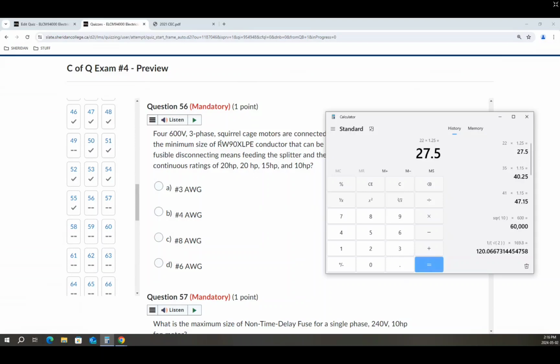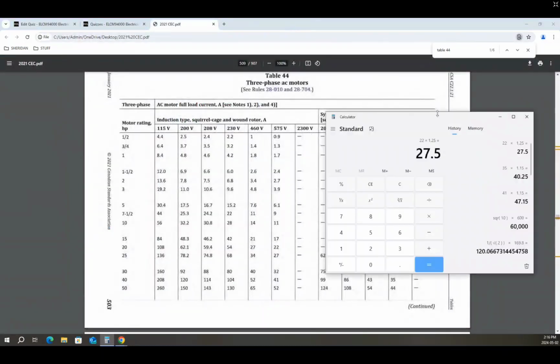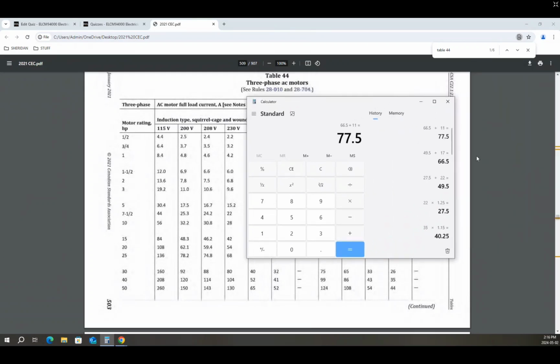And then I've got another 20, 15, and 10. So another 20 is plus 22, 15 is 17, and 10 is 11. I'm at 77.5 amps.